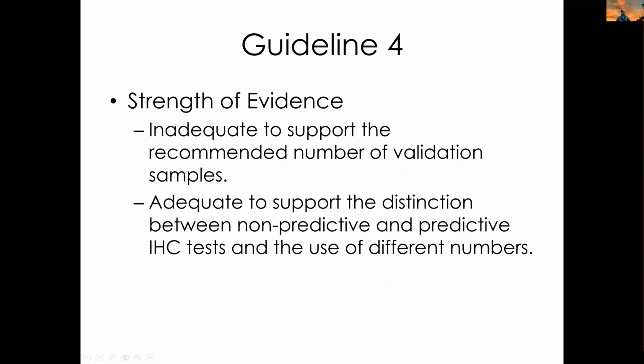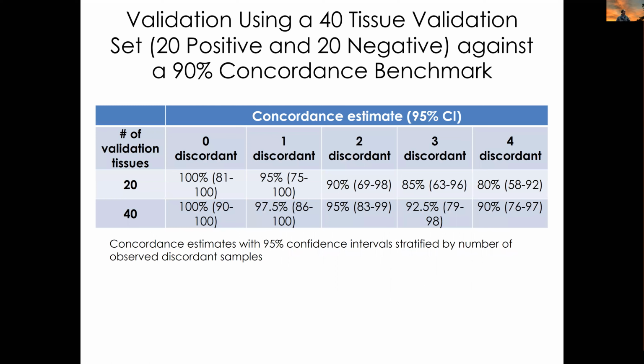So what does the data look like numerically in this situation? Obviously with 40 markers, you can have up to 4 discordant tests in the validation versus the test set and still pass the assay. And that gives you a confidence interval still greater than 75%. So that's pretty good math.